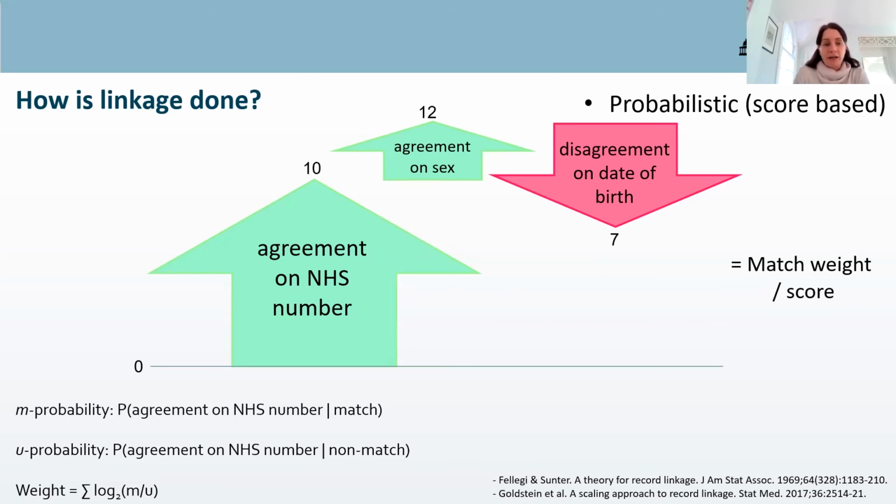And then the match weight is generated by taking the sum of the ratio of these values, which have been logged to the base 2. And this gives either a negative or a positive match rate. So then you choose some sort of threshold to classify these records, actually in a deterministic sense, to being links or non-links.